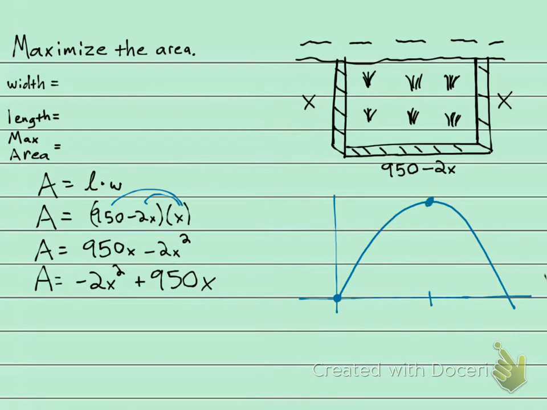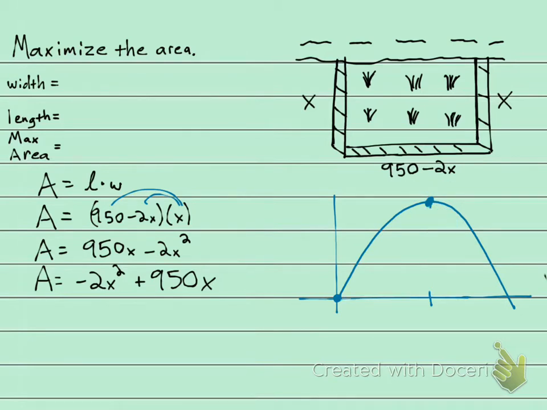So this point here is going to maximize it. So the first part of our highest point, which we know is the vertex, tells me what this is. The second part of the vertex tells me what the maximum is. Okay, so that's really what we want, is this second part of the vertex. So we need to find the vertex.